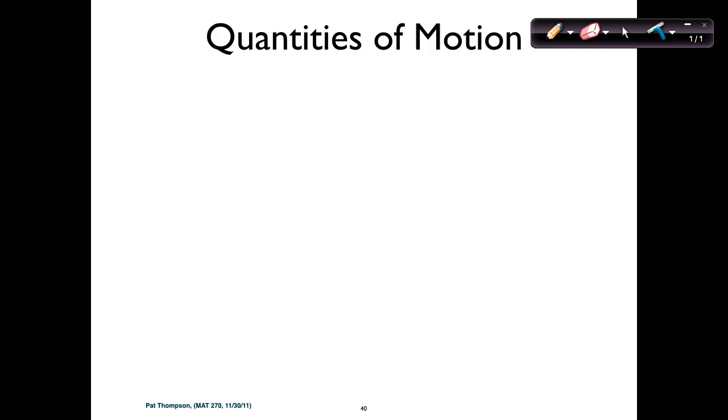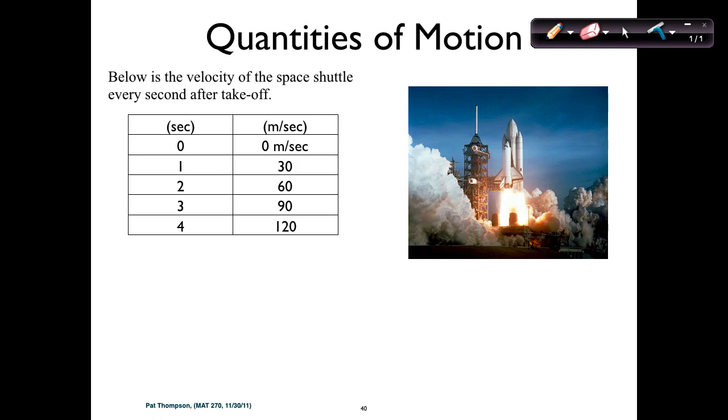So let's start with quantities of motion. Probably very few of you were alive when NASA had the space shuttle program. They flew these in the 80s, maybe the 90s, I'm not sure. But this is the space shuttle.